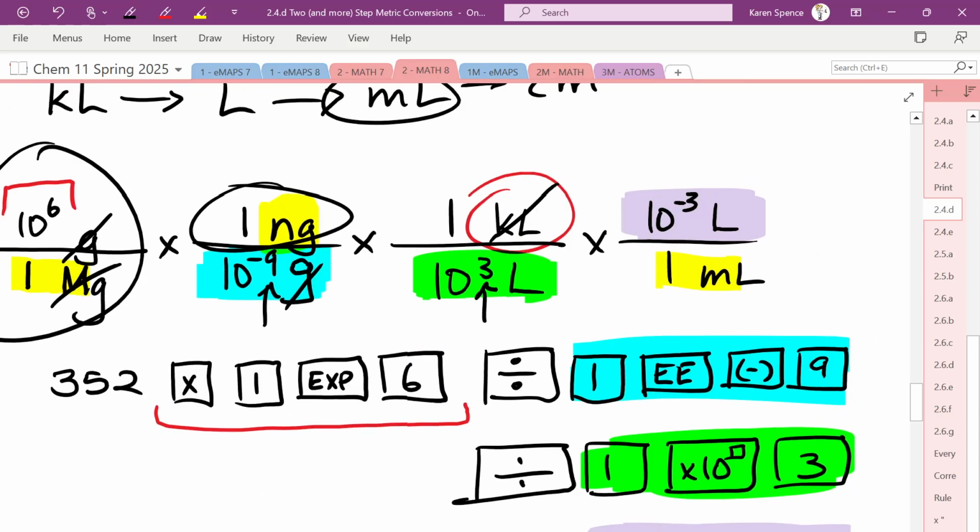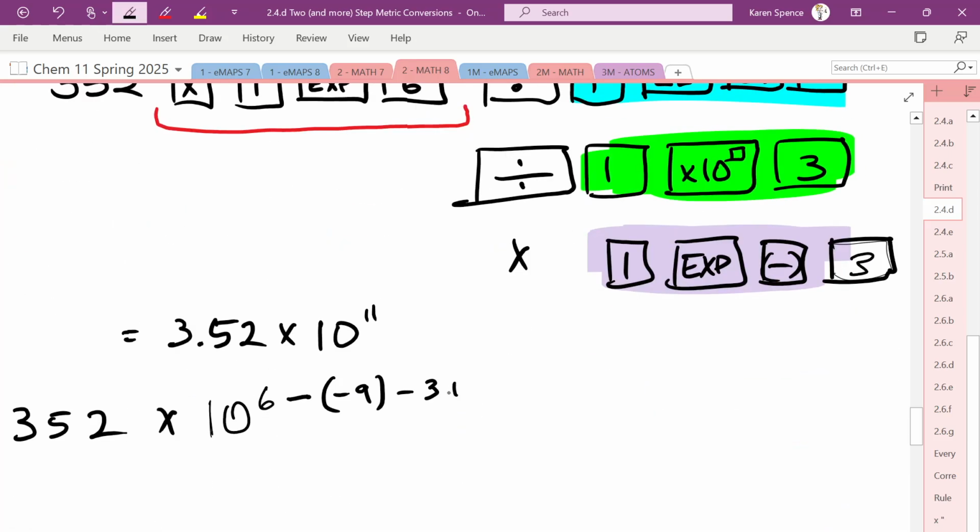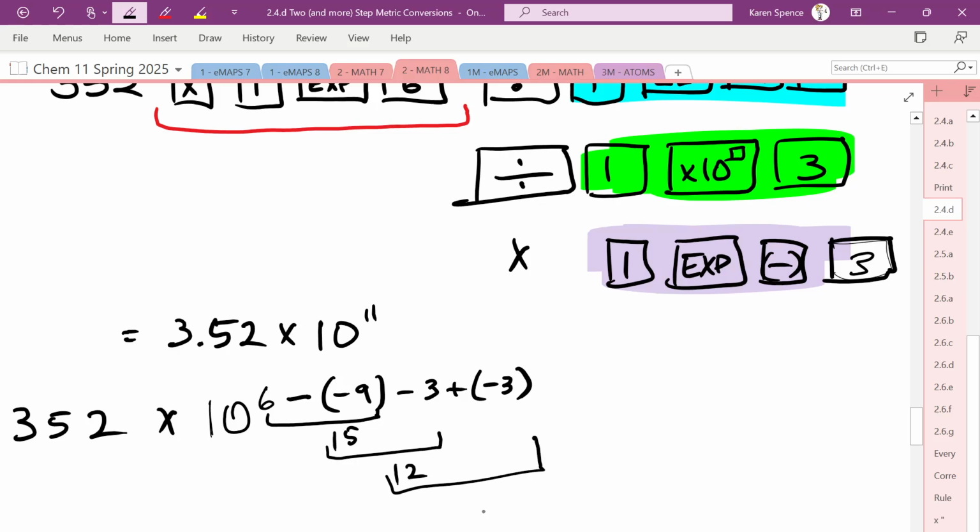And then I am multiplying by 10 to the negative 3, so I'm going to add negative 3. So we've got 6 plus 9, that's 15. 15 minus 3 is 12. 12 minus 3 is 9. So we have 352 times 10 to the 9, and we never leave anything in no-no notation.